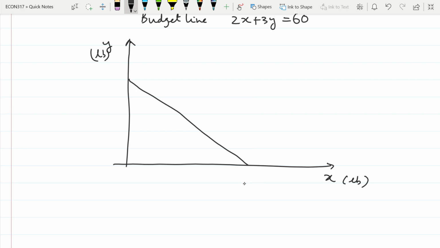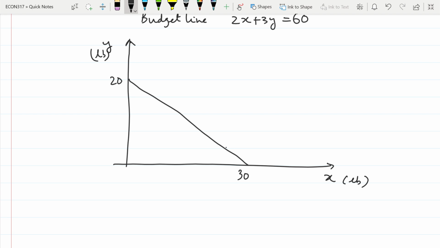So we have 30 pounds of apple if the entire money is spent buying apple, so 30 here. Similarly, if we spend all the money buying orange, the amount of orange we could buy would turn out to be 20 pounds.